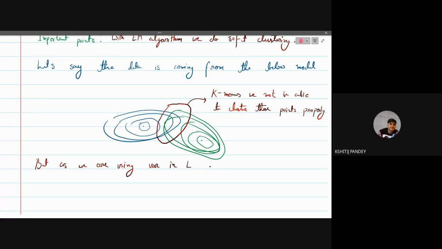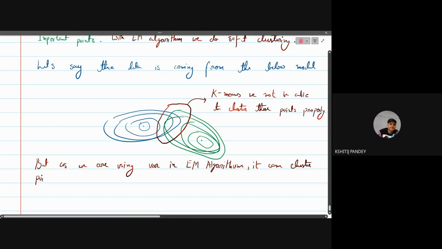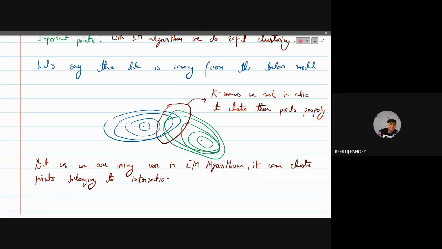In the EM algorithm, it can cluster points belonging to the intersection region properly.